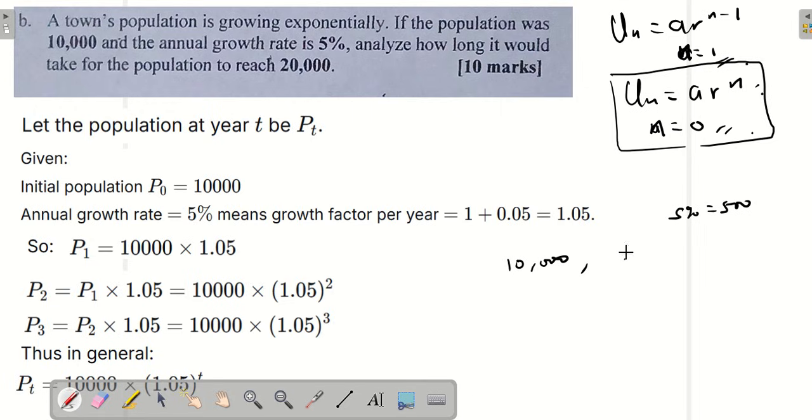So that is going to be 9,500. Now let's find our common ratio. Our common ratio is going to be this over this. So 9,500 divided by 10,000. And let's see what you get.